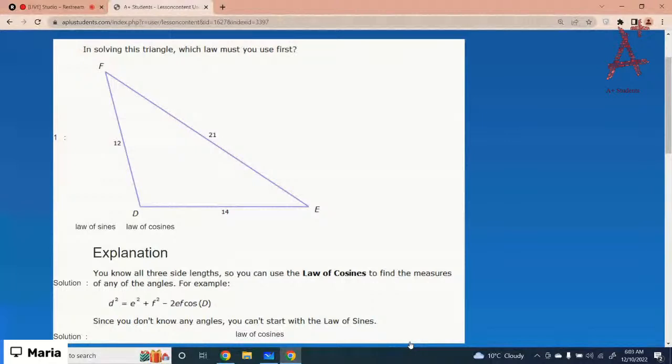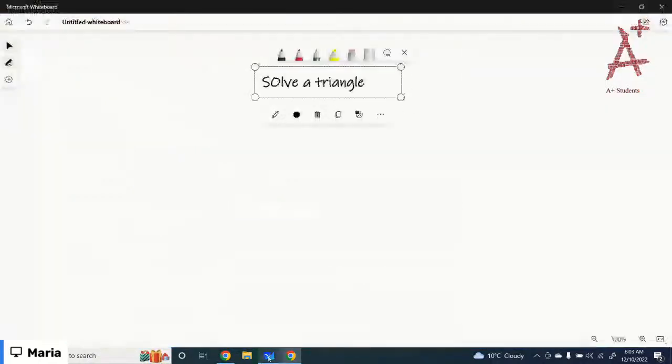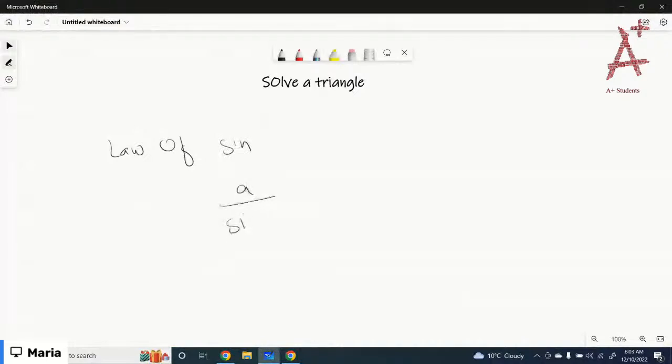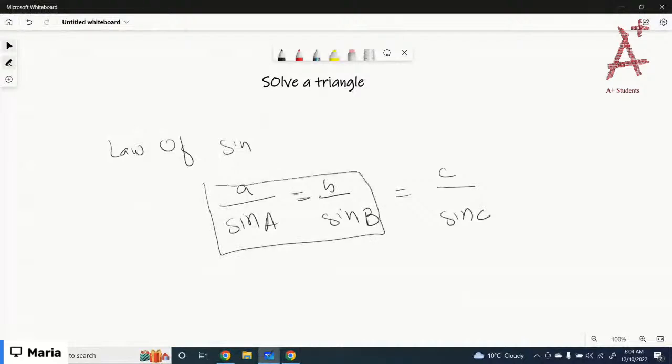The law of sines is a divided by sine of angle A equals b divided by sine of angle B and c divided by sine of angle C. If you are given all three sides, you cannot use the law of sines because you have two unknowns here, angle A and angle B. You're not given any of the angles.